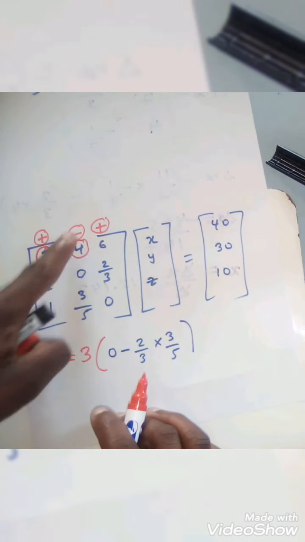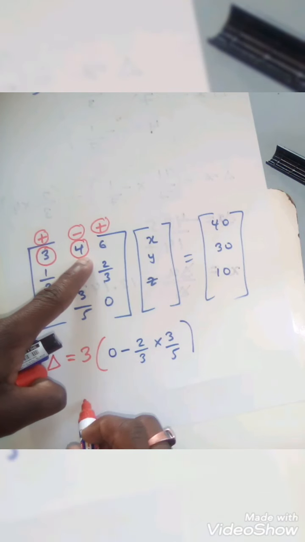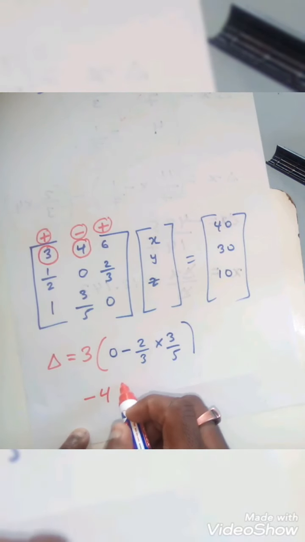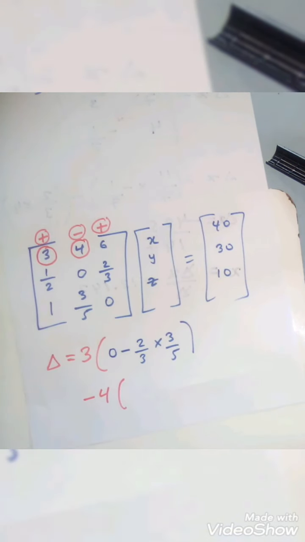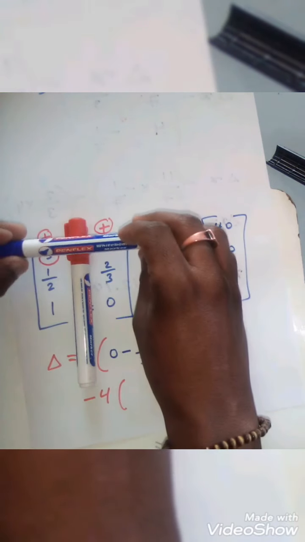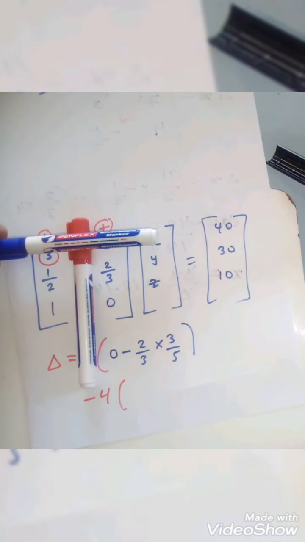Okay, so let's continue. So for the second factor, I have negative 4. I hope you can see. So it's negative and it's 4. So that's my factor. And then I open it, and then I eliminate the column associated with 4 and the row associated with 4. So what do I get when I eliminate the column and the row?